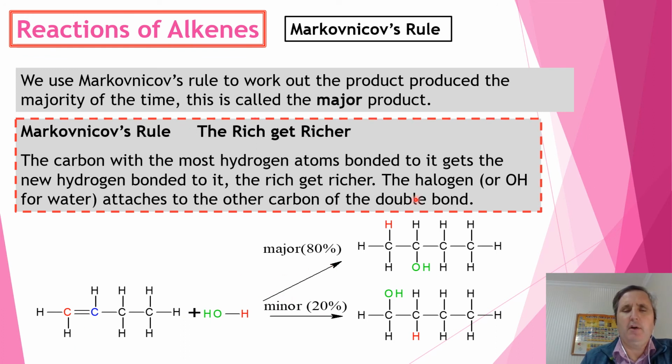So we say the majority of them, or the major product, is the one that follows Markovnikov's rule, the rich get richer, and the minority is the one that doesn't follow the rule, or the opposite of the rule. So that's Markovnikov's rule. We have to be aware of that at all times, because when they ask us to draw the products of a reaction, we might have to ensure that we draw all the possible products, which could mean we have to draw a major and a minor product, depending on what the question is.